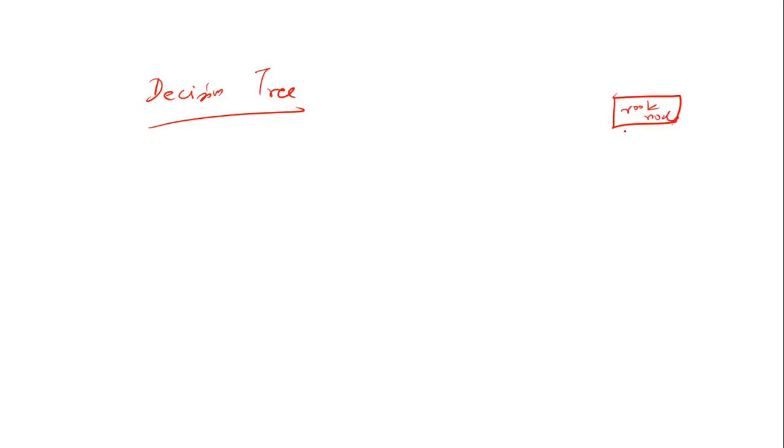And you have the branch node. This is called your branch node, or decision node. It is also called a decision node. It's kind of a flow chart, right?